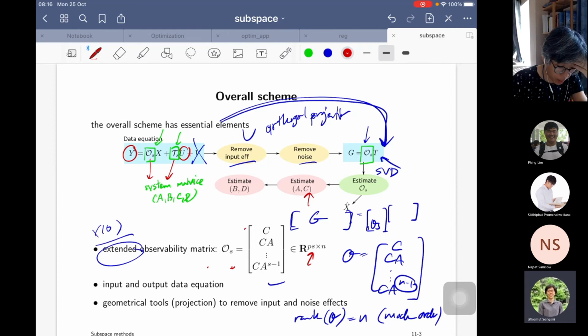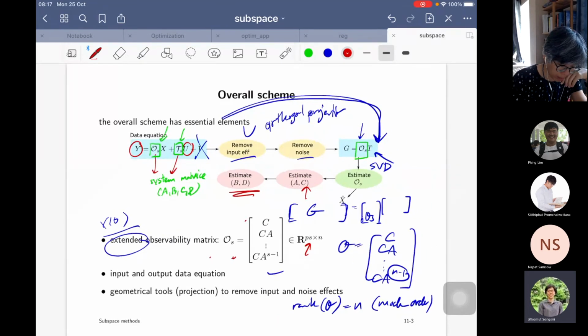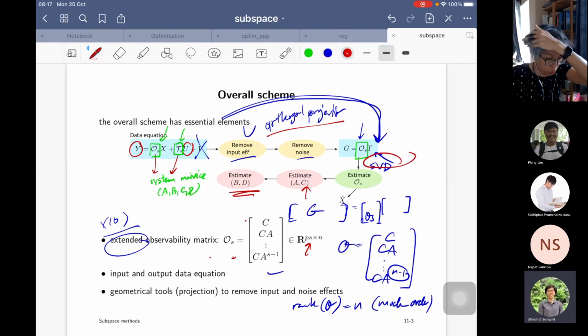Once we can estimate A and C, from the mathematical description of the state space dynamics, we can eventually estimate B and D. And once we get everything, A, B, C, D, we can estimate the noise covariance. So this is the overall scheme, and two important tools, orthogonal projection and SVD factorization, will play important roles.